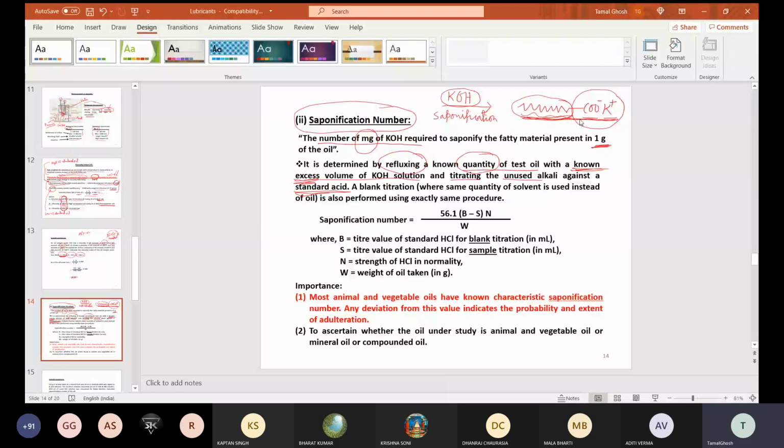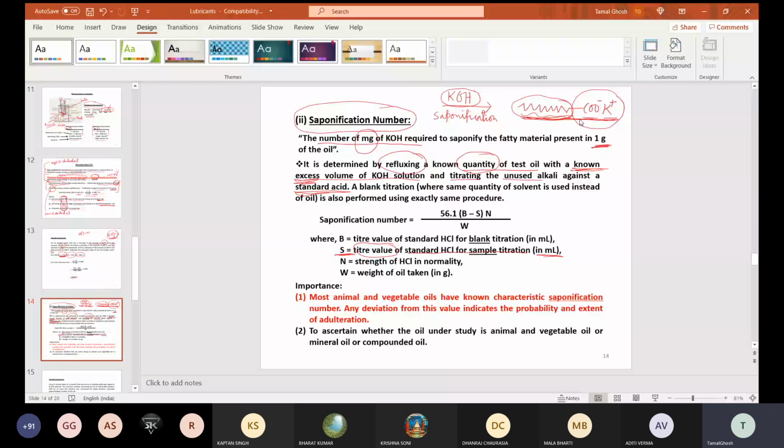The unused alkali is titrated with standard acid, which is taken in the burette. Whatever the burette reading is, that is your S, in milliliters. You have to consider that value.